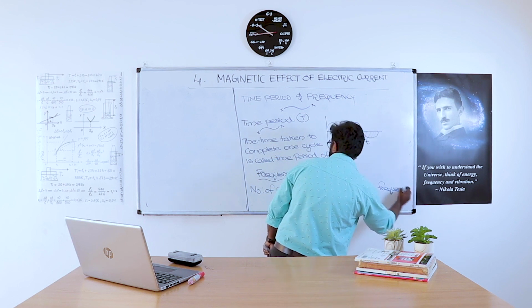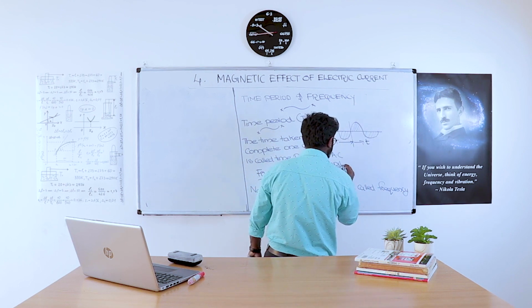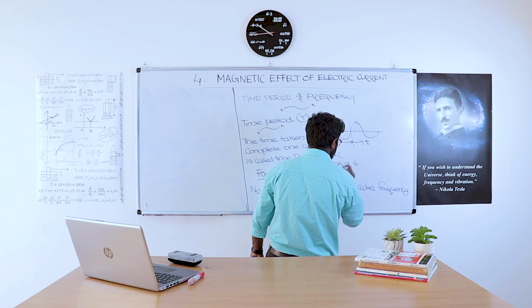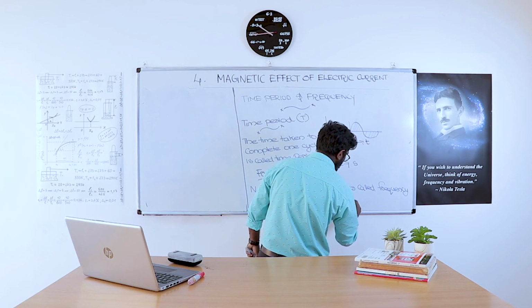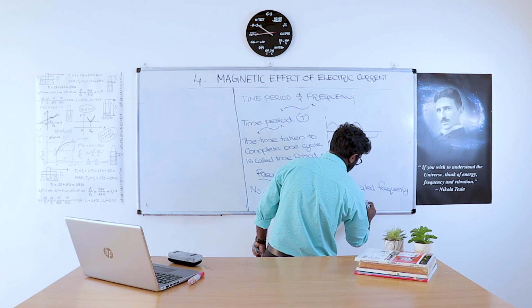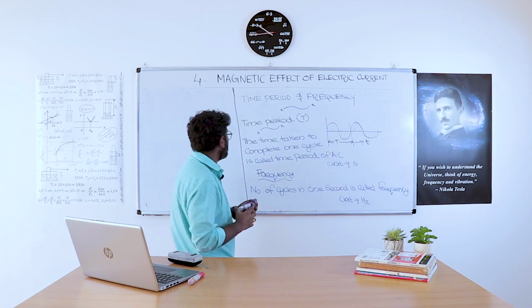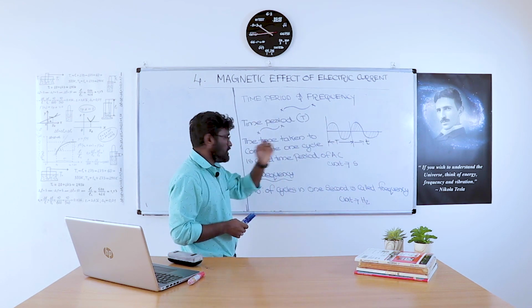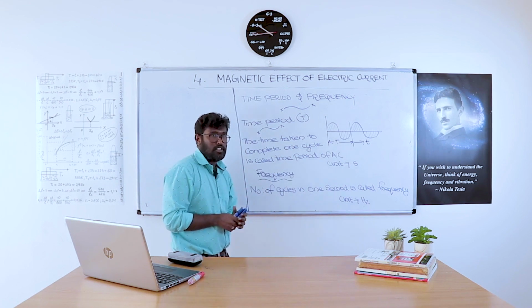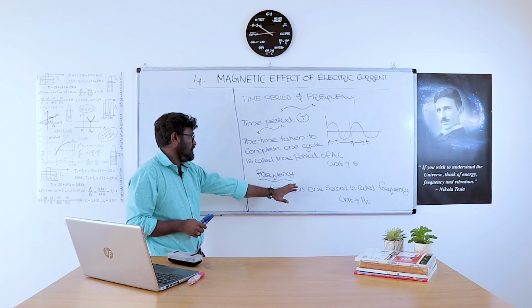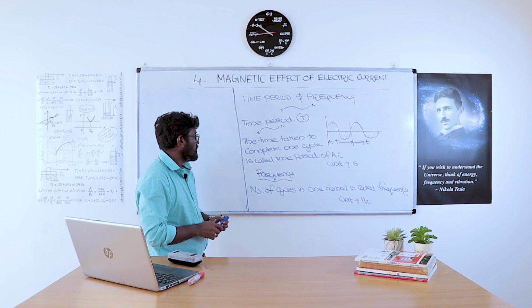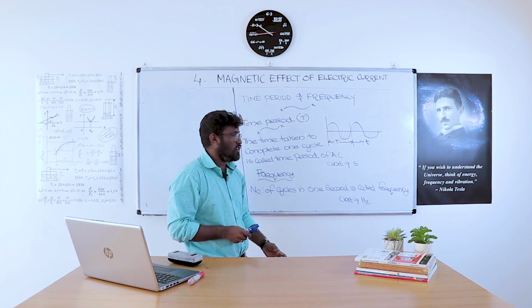The unit of time period is second and the unit of frequency is hertz. So the time taken to complete one cycle is called the time period of AC. Frequency, that is the number of cycles in 1 second, is called frequency.